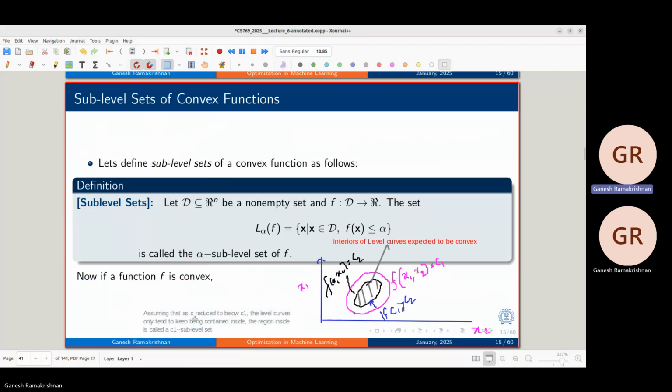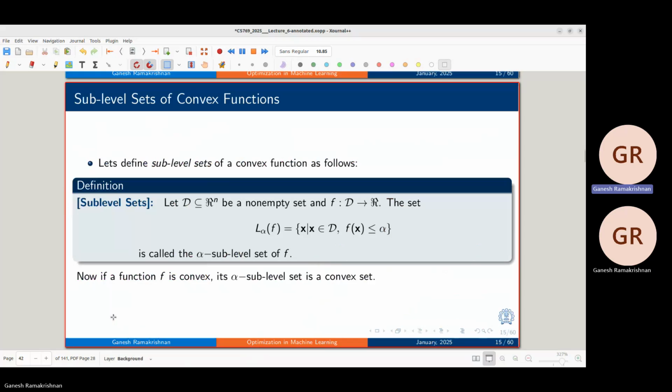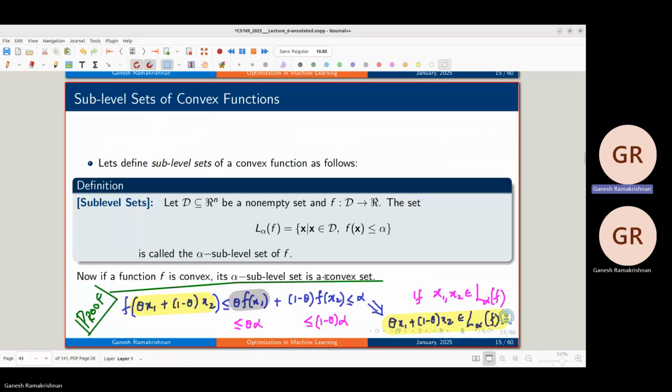As C is reduced below C1, you would expect the level curves to keep being contained inside. So the region inside is called C1, and C1 keeps on decreasing. So this sublevel set is a convex set. That's clear, and the proof is by first principles. I will not spend time on that.